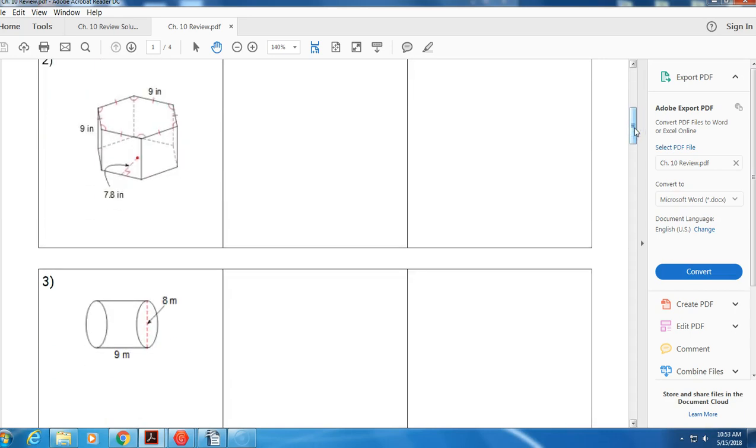Next problem, we have a hexagon prism. So again, it's got 2 base areas. I'll stick with surface area on this one. Basically, we have 2 base areas plus all the rectangles, and we have 5 rectangles, the 5 walls, and every rectangle should match one of these.